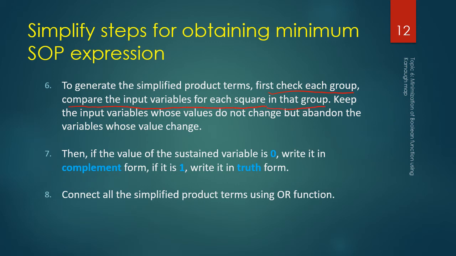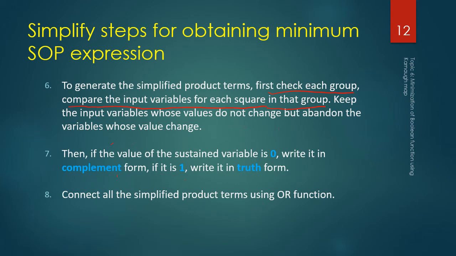Keep the input variable whose value does not change, but abandon the variables whose value changes. Then, if the value of the sustained variable is 0, write it in complement form. If it is 1, write it in true form. Finally, collect all the simplified product terms using OR functions.